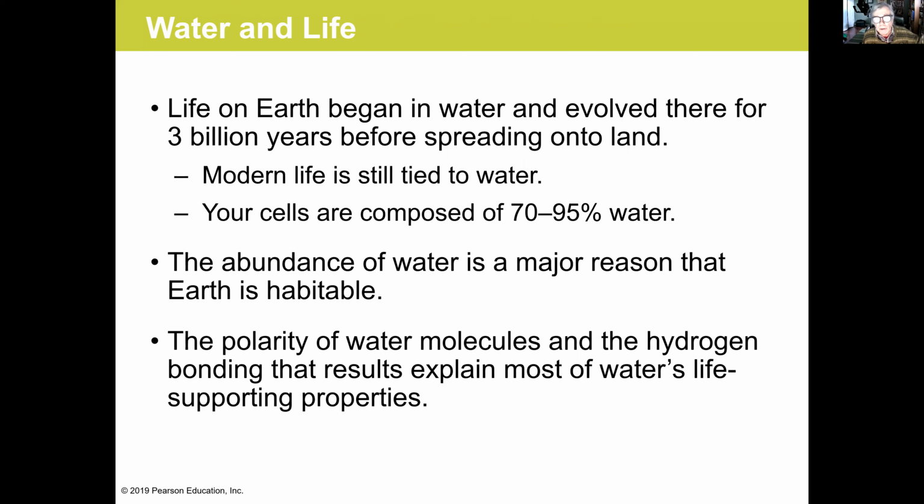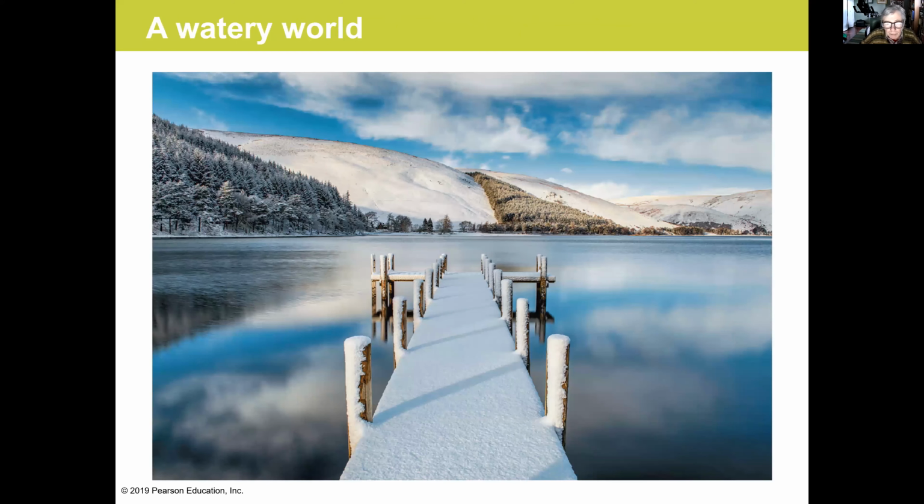Not too hot, not too cold, just right. And you've got to have an abundance of water. The polarity of water molecules and the hydrogen bonding that results explains most of water's life-supporting properties. We're going to get into those. Water world. 70% of the planet is covered by water.